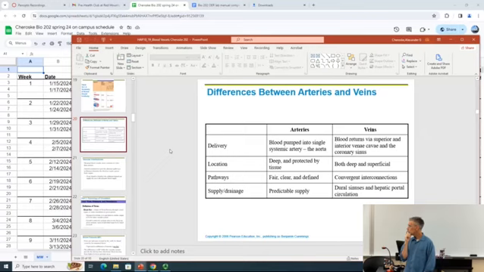Okay, so we'll take a little bit of that today, but then we're also going to be looking at, like I said, hemodynamics. So things that affect blood flow and blood pressure around the body. We already got a little bit of a peek at that when we were talking about the heart, because we quantified something that's called cardiac output, right?